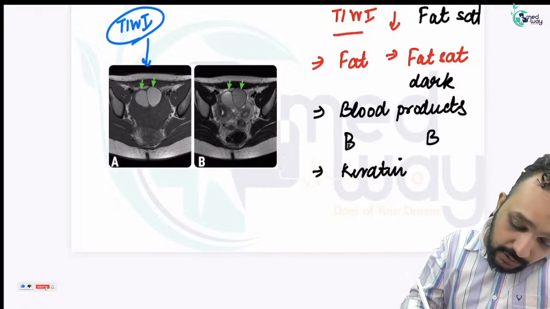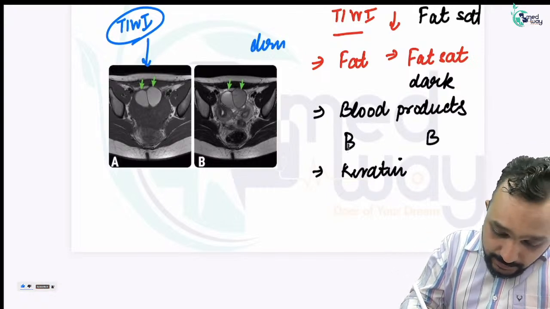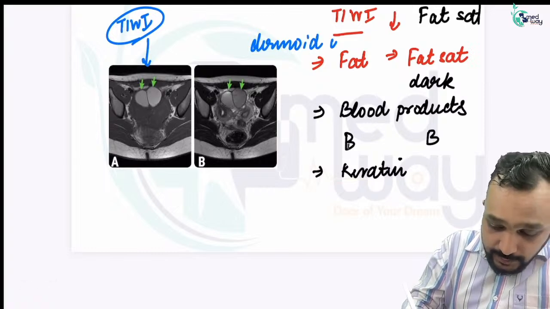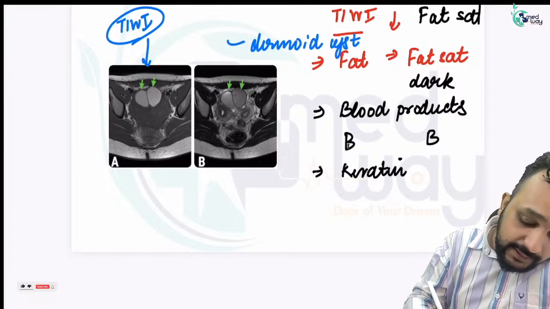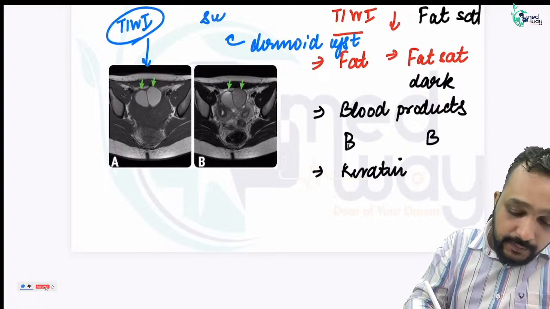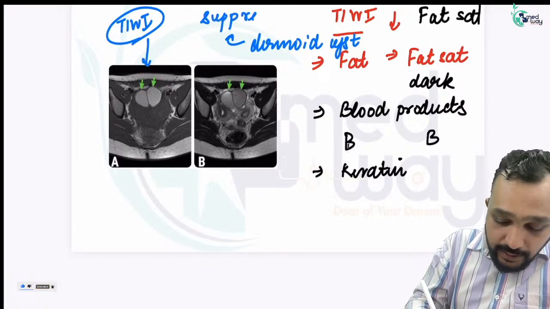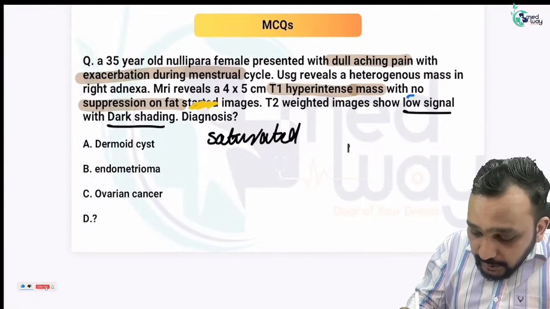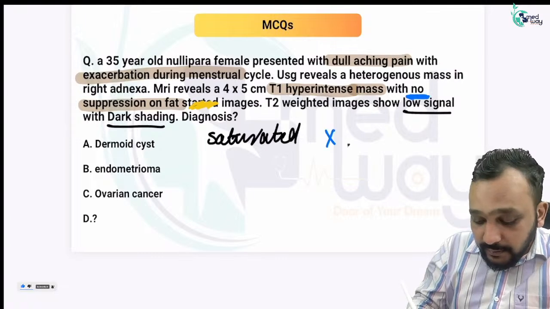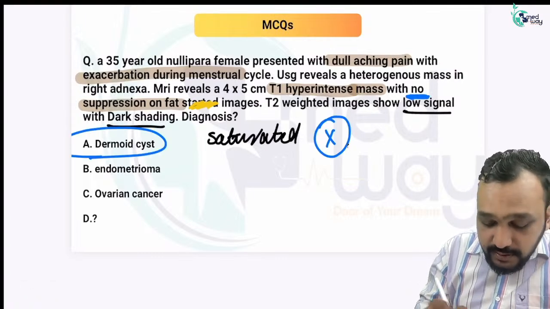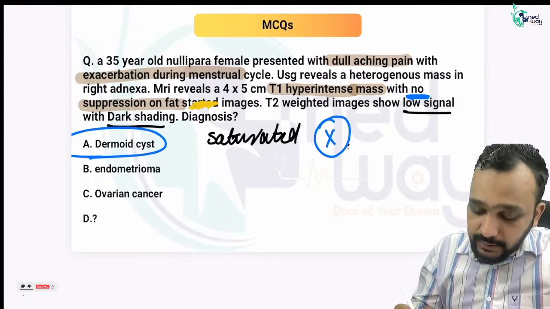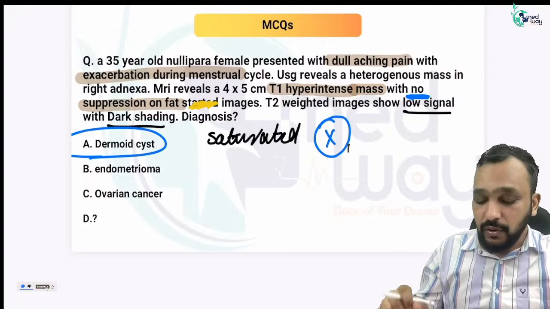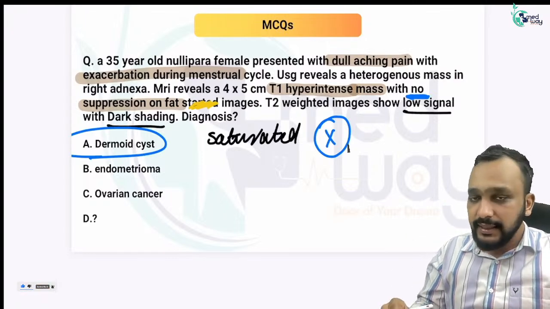If I'm talking about a fat containing lesion, it can be a dermoid cyst, but a fat containing lesion is going to show suppression. In the question we have been told that the lesion is not showing any suppression on fat, which means a dermoid cyst is ruled out. A dermoid cyst will suppress on fat suppression images because it contains fat.